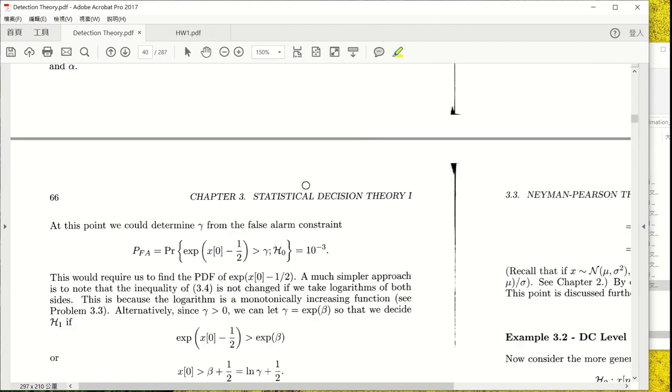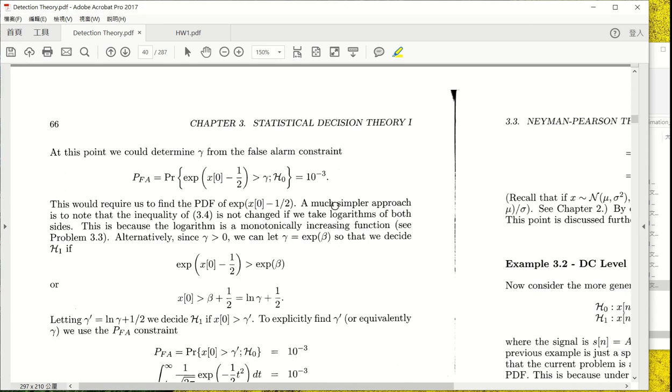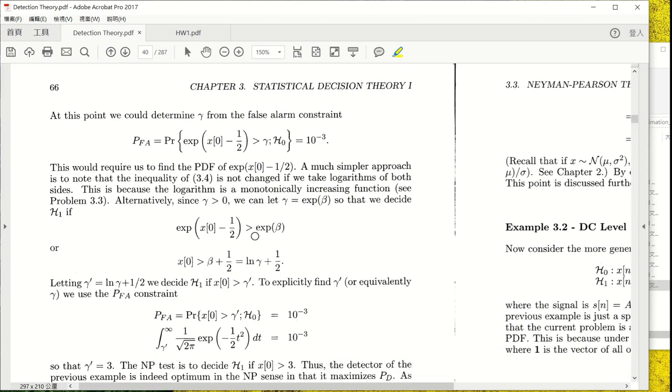Okay, then we go to page 66. Then you want to determine gamma, so PFA equals something like this. Then with some numerical approaches, just because it's not easy to calculate those Q functions and exponent functions, you make a change of variable, gamma to exponent beta, and so on and so forth.